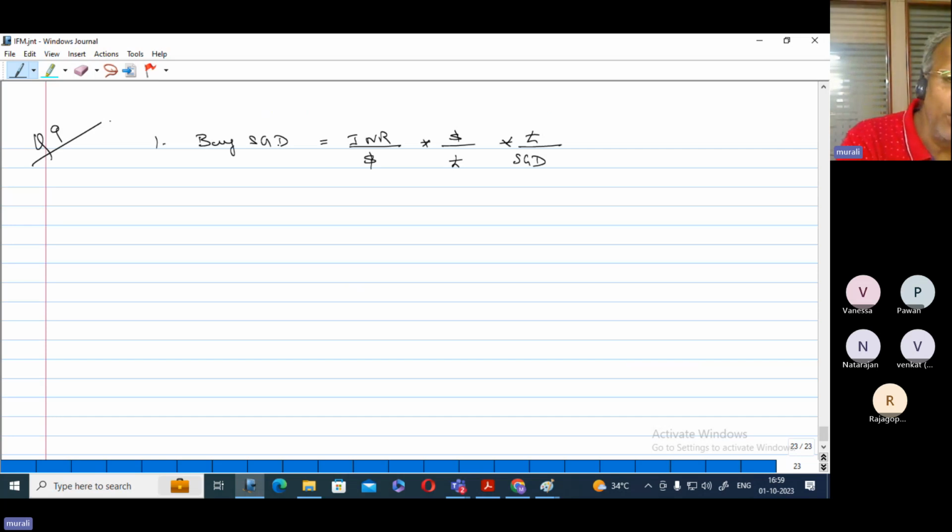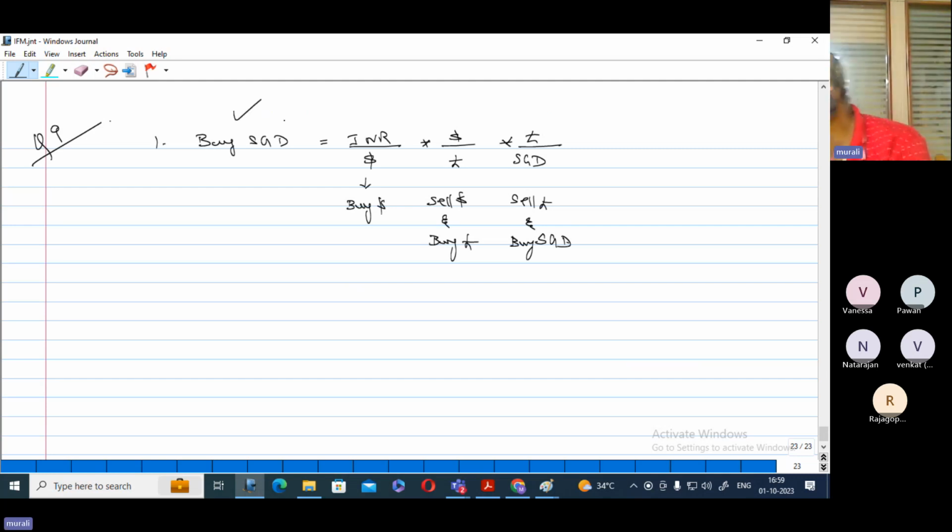So, in order to buy SGD, I will buy dollar. Here, sell dollar and buy pound shilling. Buy pound shilling and sell pound shilling and buy SGD. So thereby I am achieving the objective. Correct? Say yes or no, all of you?